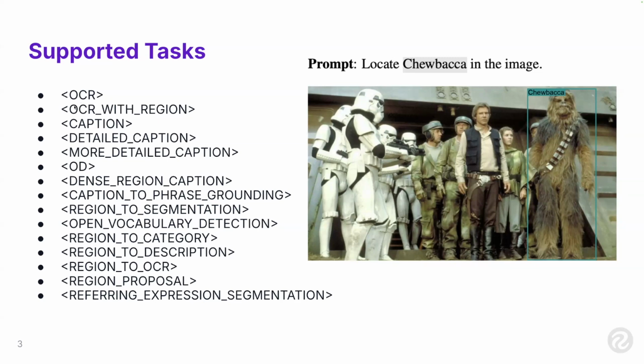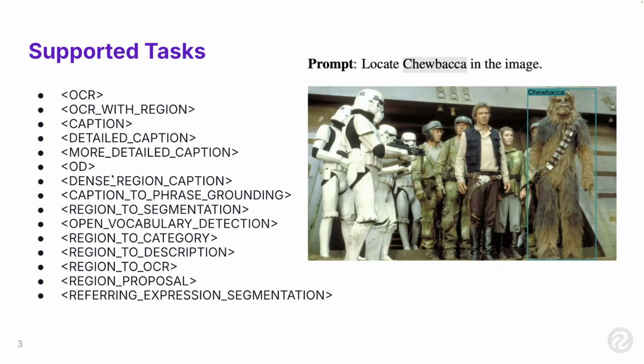So just to briefly run through them, OCR would be reading text in the image. OCR with region would be reading the text from a region of the image. Then there's three levels of captioning, which would be like subtitling the image with a description of what's going on. OD would be object detection, so it just looks for whatever it can find in the image.